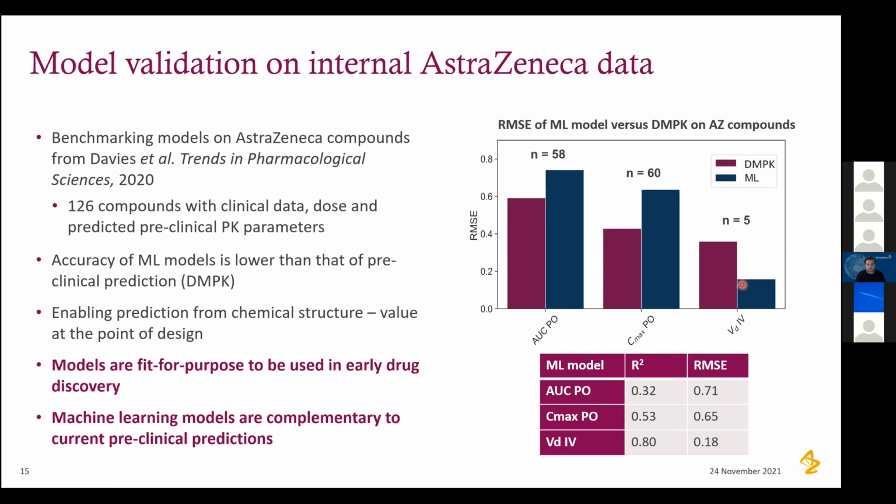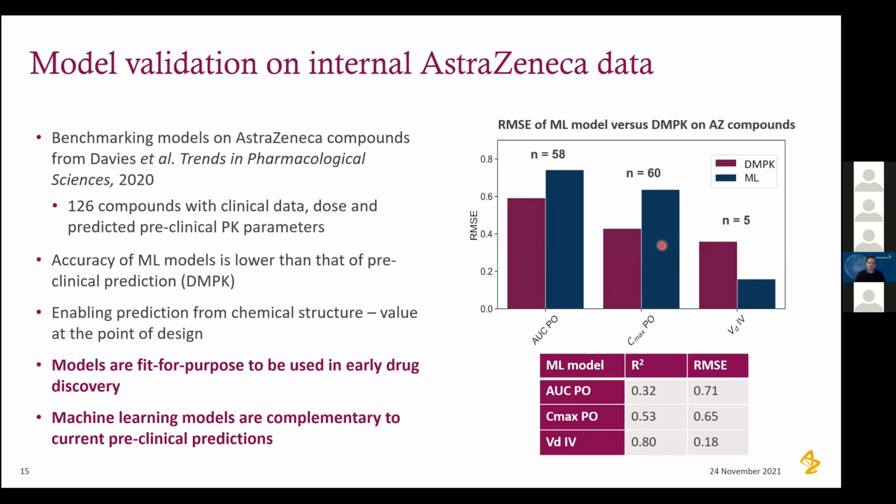For volume of distribution, we see an incredible result, but this is only for 5 compounds. So it's more anecdotal rather than a statistical validation, but nevertheless, it's nice to see that it performed well for these 5, but we can't say much more about it.